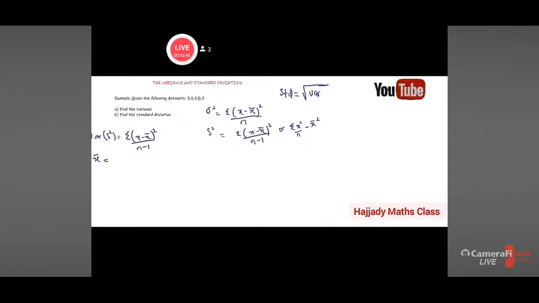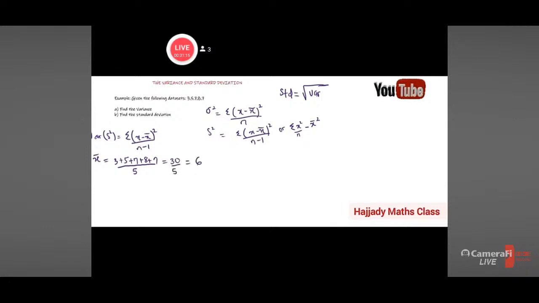That means addition of everything over the number of observations. That's going to be 3 plus 5 plus 7 plus 8 plus 7, and we divide everything by the number of observations, which is 5. This gives us 30 over 5, and our mean is going to be 6.